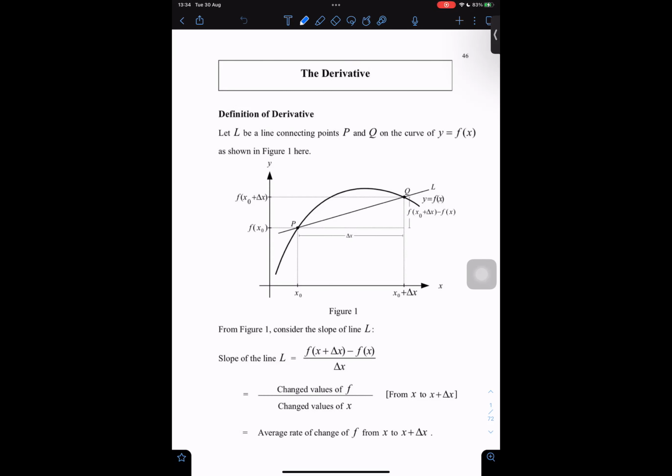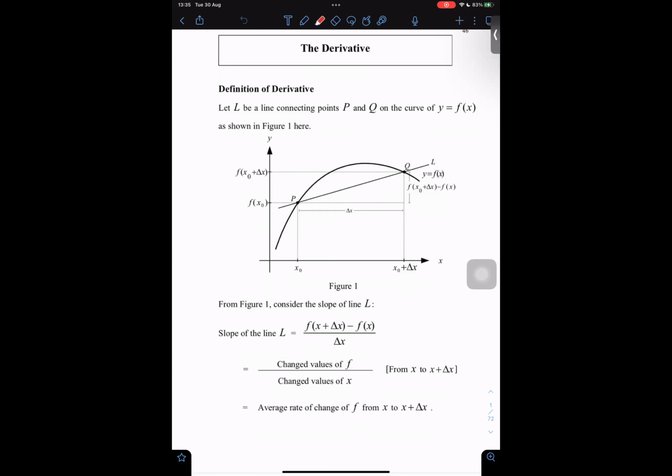When you are learning in high school, you are already familiar with finding the slope of a straight line. As you can see here, the slope of the line L will equal, you need to know 2 points.